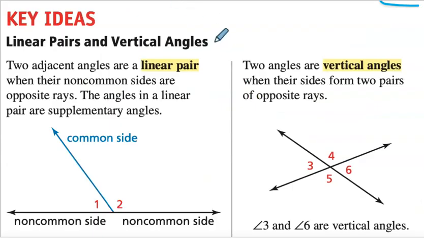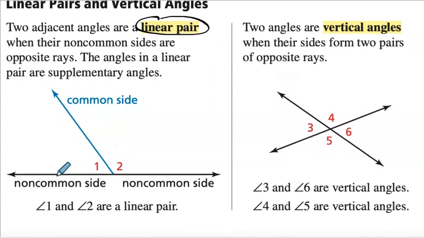A couple more key ideas in this lesson here, 1.6. Two adjacent angles are a linear pair. So if you have two angles that are supplementary, on a straight line, they're supplementary to one another, angle 1 plus angle 2 is going to equal 180 degrees.